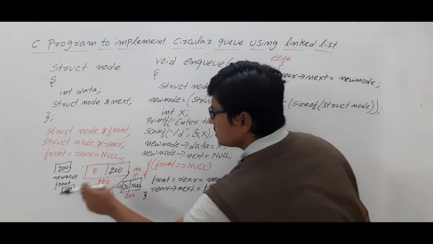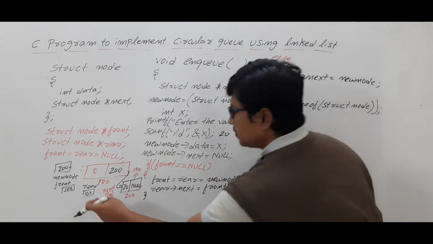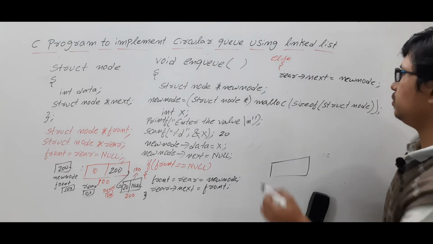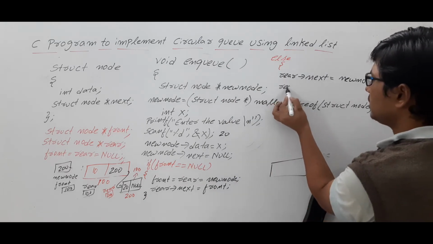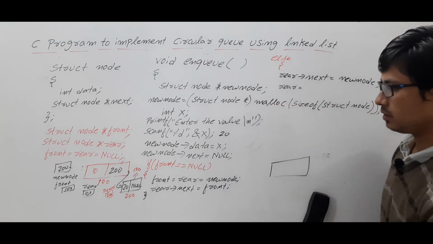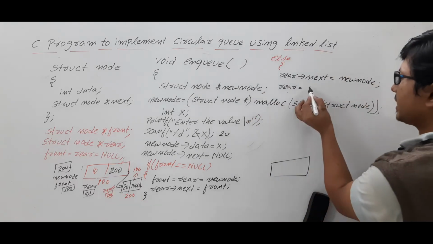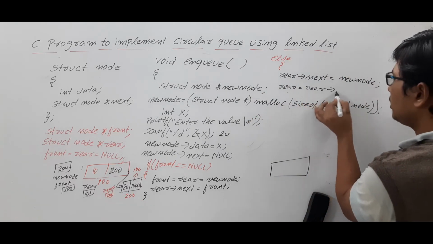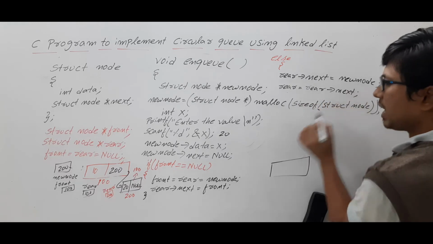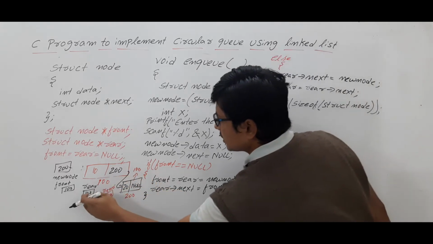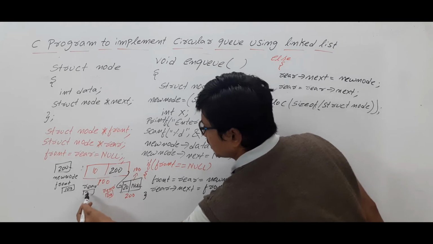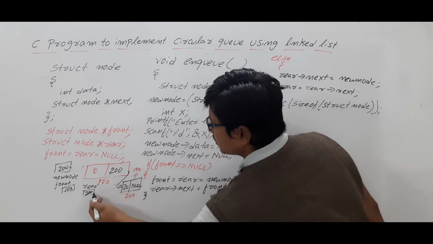Now rear has 100. Now you should make rear equal to 200. So what you will do is rear is equal to rear of next. Rear of next has the value 200, and that 200 will come here. So now rear becomes 200, pointing to this node.